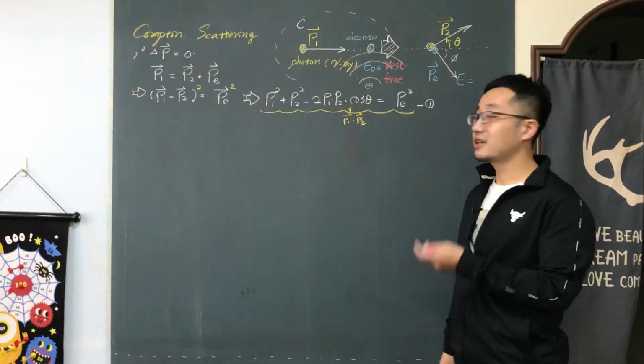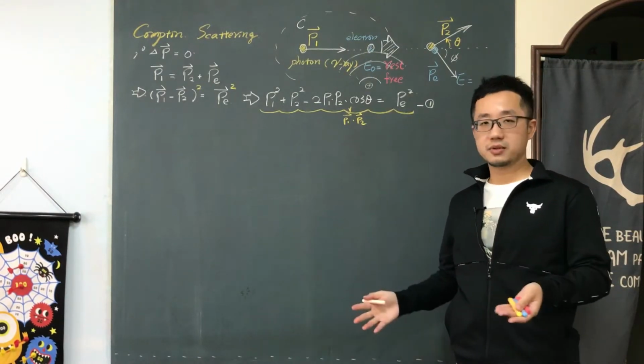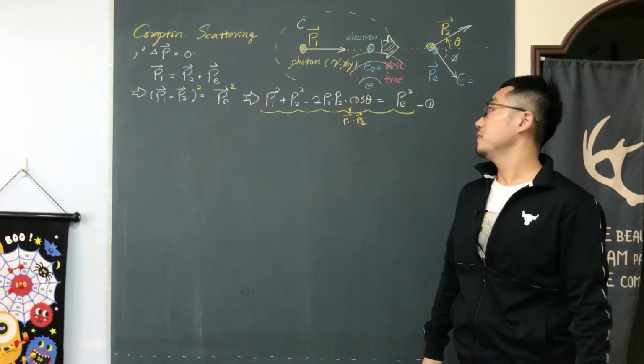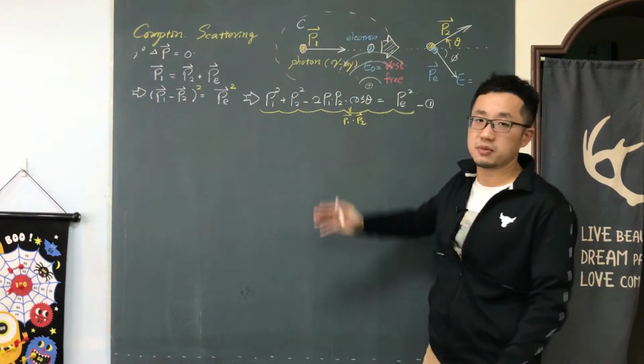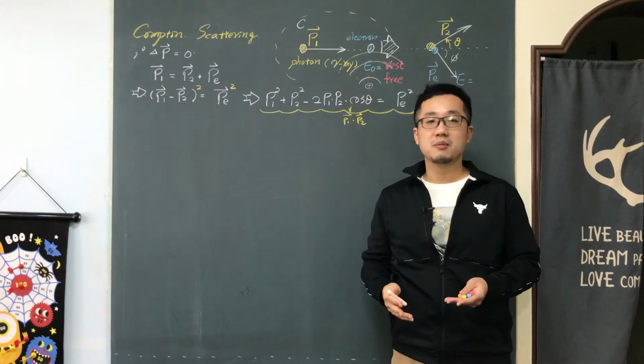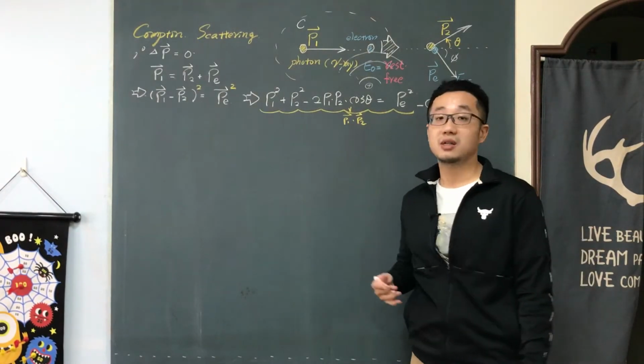Okay, ready for the second step? The second step is that the energy of this world is always conserved. So the energy carried by the photon and the energy carried by the electron is always conserved. But right here, I need you to have some background knowledge like special relativity.